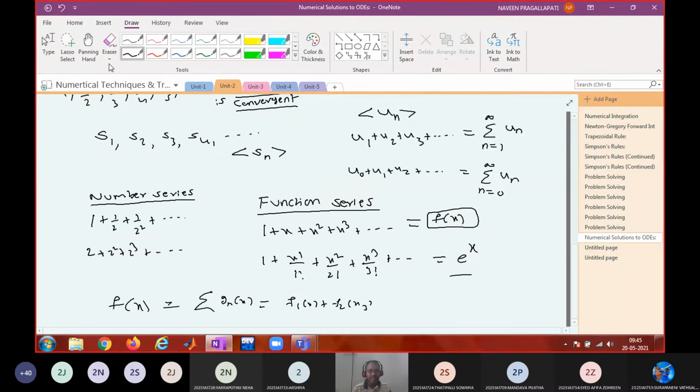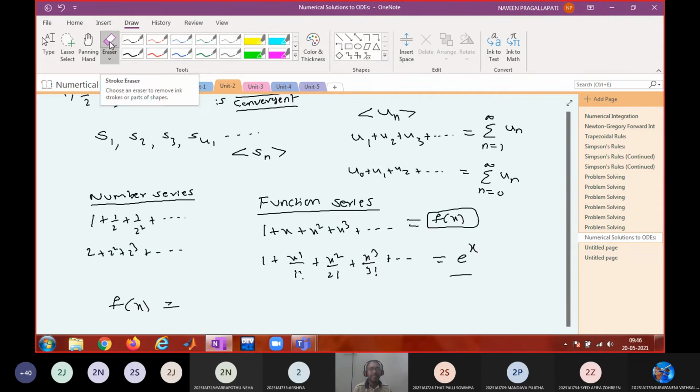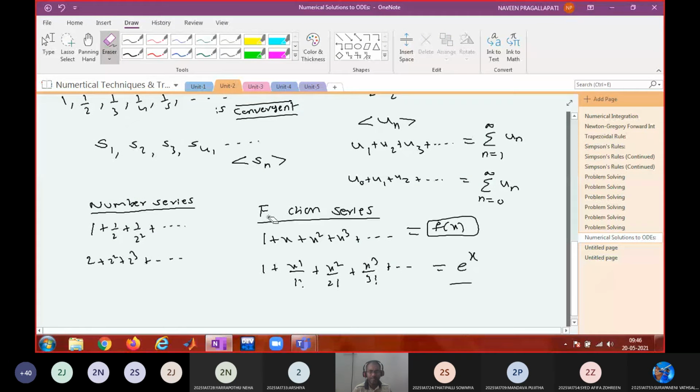So now the question is the other way. Previously, if a series is given, how to write it as a sum? If a sum is given, how to write it as a series? The other way of the problem. Do you catch my point? Shall I proceed?